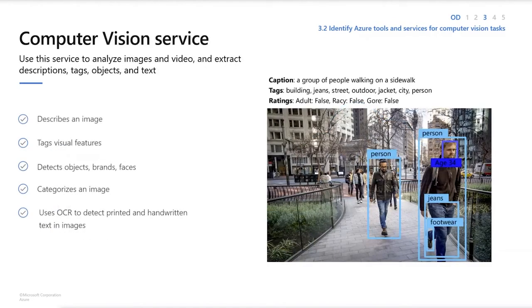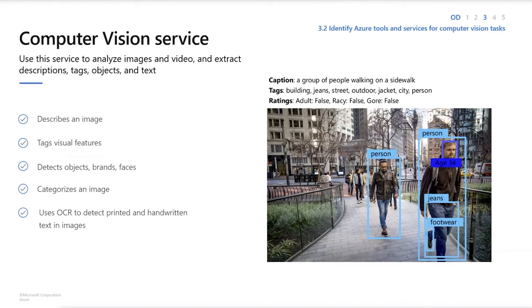So first with computer vision services, this is a great service to analyze images and videos and extract different descriptions. You can create tags or objects and text using this tool. So in the image here, we have a caption: a group of people walking on a sidewalk. We have tags for the different things that it found.